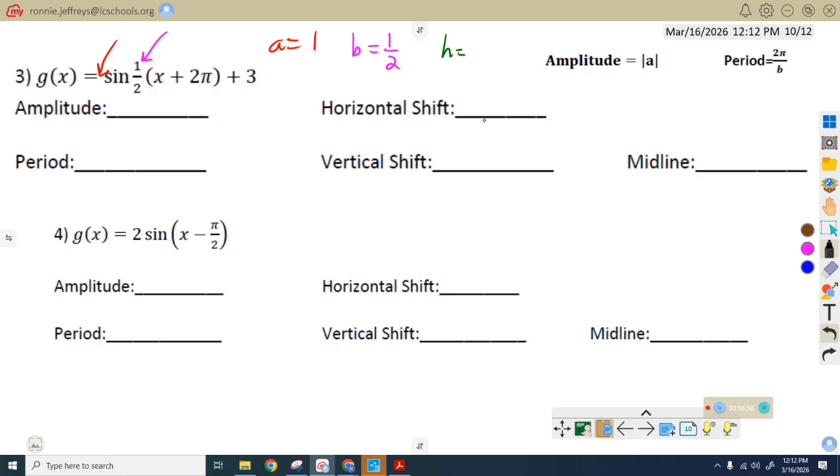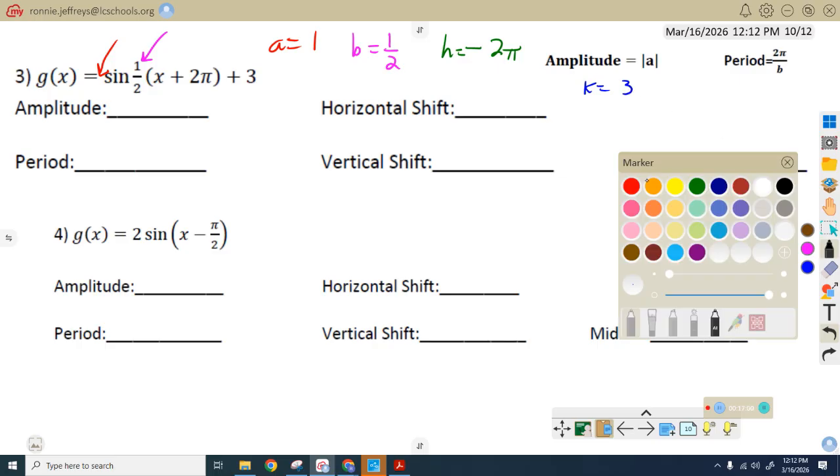Yes, we'll have that on there tomorrow. All right, so H is negative 2 pi. K is 3. All right, so we're going through filling it in.